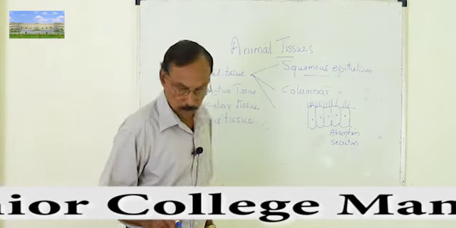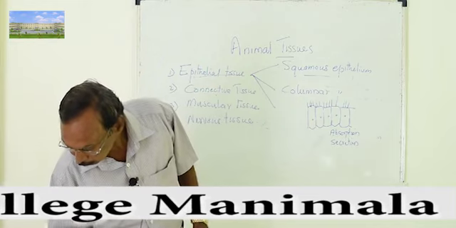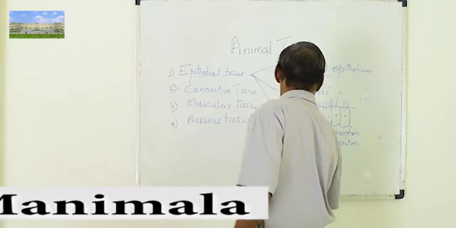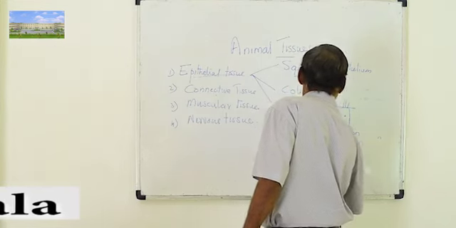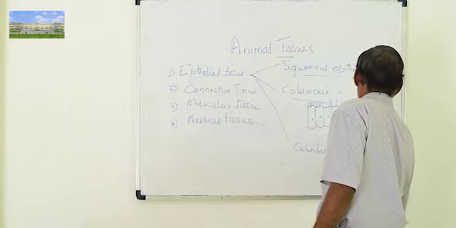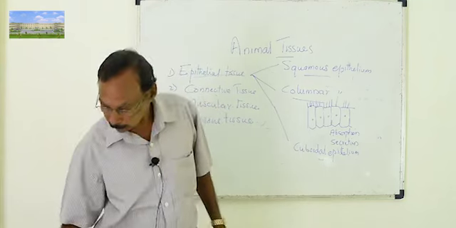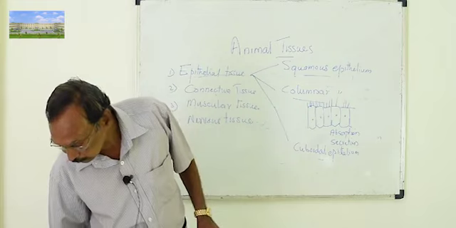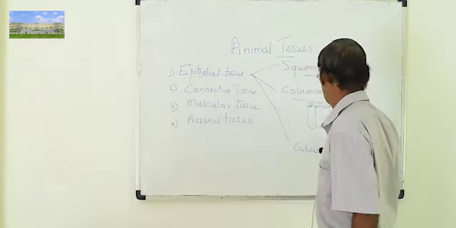Next epithelial tissue is cuboidal epithelium. This is present inside the kidney tubule and inside the salivary gland, and it gives mechanical support to that particular part.